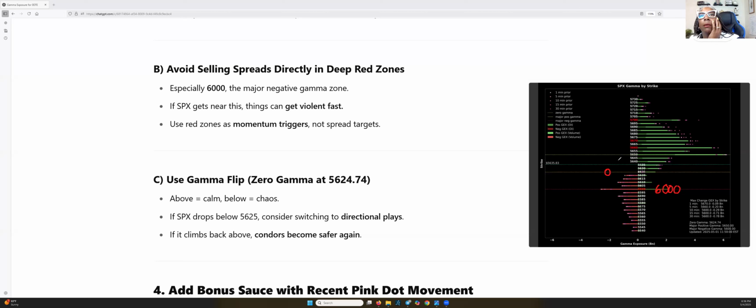And the major positive is here, not there. That's the major positive, and this was the major negative. Basically, the big line that's green is the positive, and the big line that's red is the major negative. That's basically how that goes, okay?